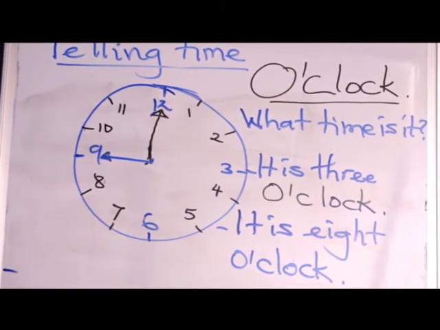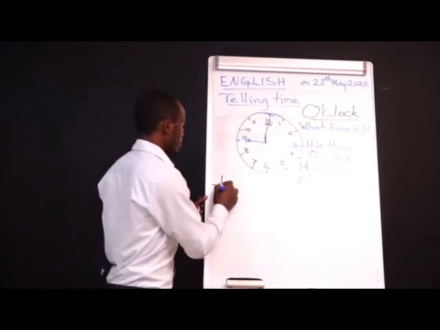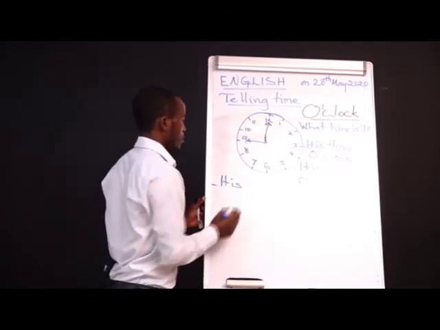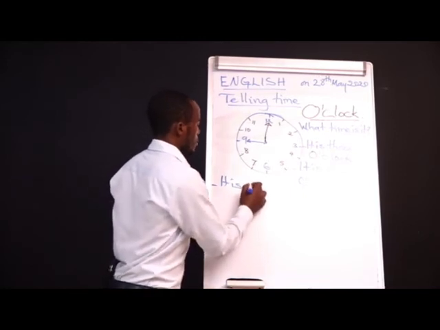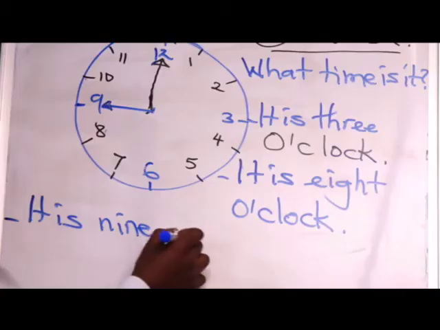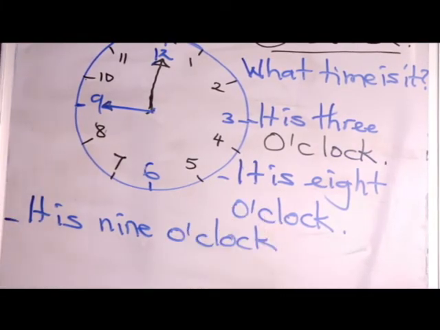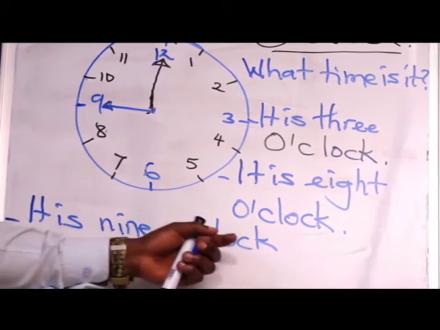Who can tell me? Okay, Blessing? Okay, it is 9. It is 9 o'clock. Clap for her, please. It's 9 o'clock.